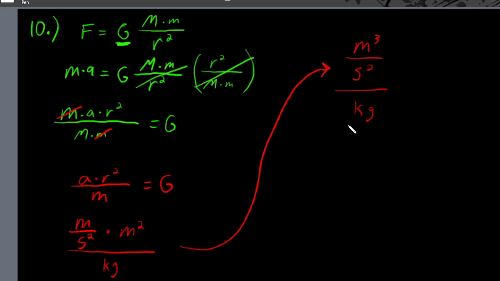And I believe that meters cubed per second squared per kilogram is one of our choices. And so that is going to be our solution. All right, I hope that was helpful, and good luck.